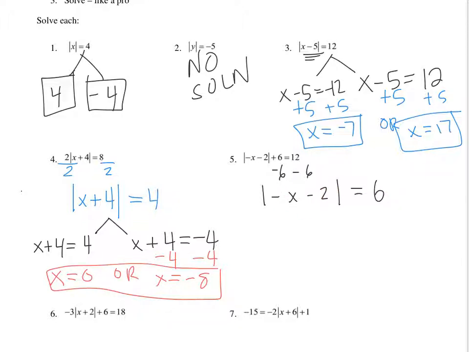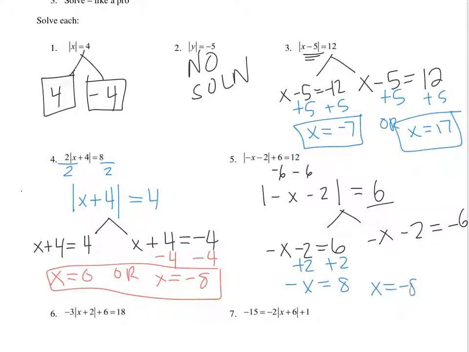So I can still branch off and do opposite x minus 2 equals positive 6, and opposite x minus 2 equals negative 6. So I'm going to solve for x in each one, add 2, opposite x equals 8, so x has to equal negative 8 is one solution, add 2, opposite x equals negative 4, x equals 4 is another solution.